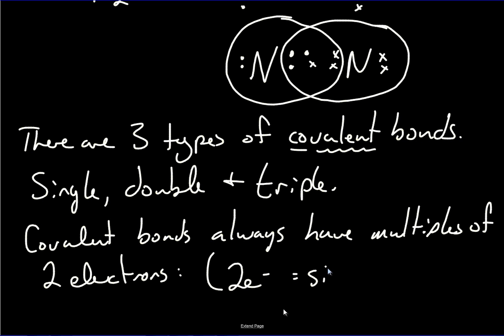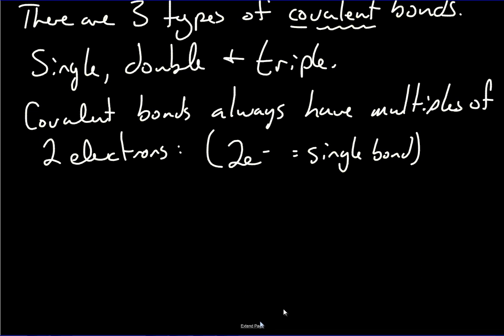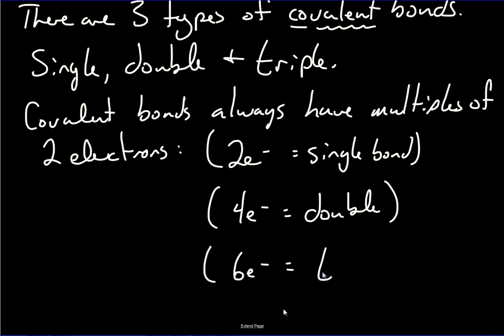That's a single bond, and that's 2 shared electrons. 4 shared electrons is a double bond. And 6 shared electrons is a triple bond. There is no such thing as a quadruple bond. There's only a single, a double, or a triple. Okay?